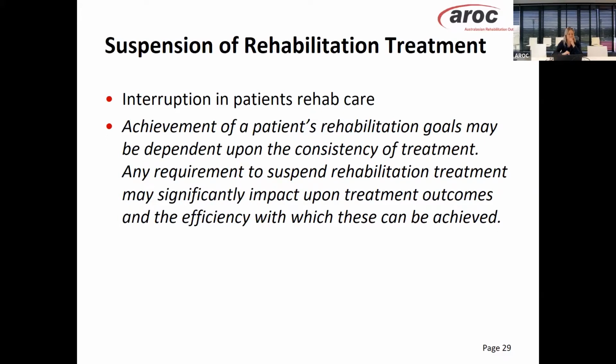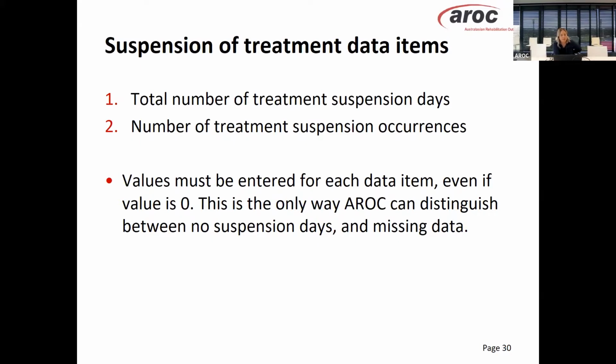So for a suspension of rehab treatment, we're looking at an interruption occurring in the patient's rehabilitation program. Any requirement to suspend a rehabilitation program may significantly impact upon treatment outcomes and the efficiency with which these can be achieved, such as length of stay and FIM change.